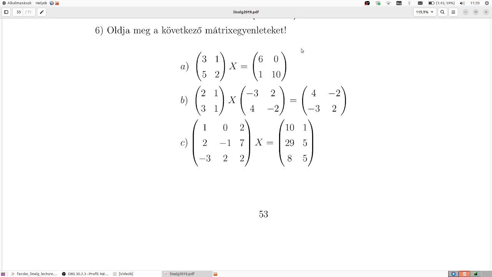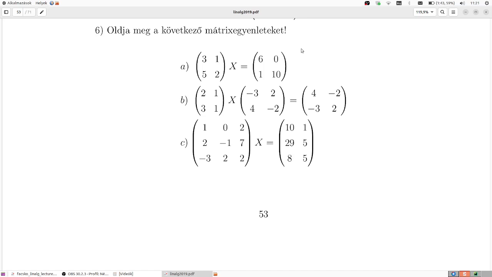So this is the A, this is the B, this is the C matrix. So I have to multiply from the left with this and multiply from the right with this.